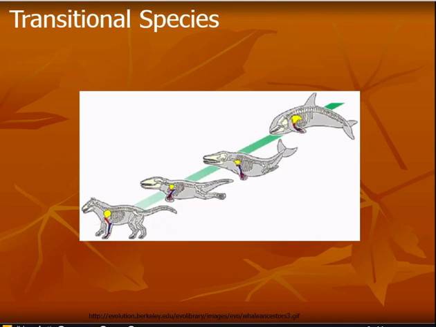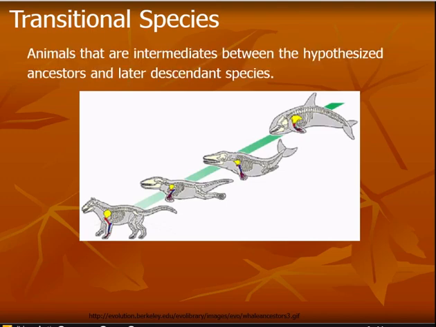Okay, one of the things that scientists are looking for when they look at the fossil record is evidence of what are called transitional species. Transitional species are animals that appear to be intermediates between the hypothesized ancestors and their later descendant species. So if you take a look at this picture, for example, the whale, we know that the whale is a mammal.